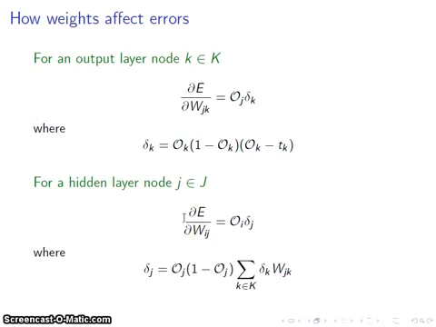If the node that we're looking at is in a hidden layer, any hidden layer, what it's going to be is the output of the previous node times delta j, where delta j is going to be, again, this expression, which is really just the derivative of the transfer function, times the sum of all of the delta k's, where k is the next layer, times their weights that connect them to the node we're concerned with. Okay, add all those up, multiply it by the derivative here, that gives us our delta sub j, multiply that by the input that we're concerned with, and that gives us this quantity that represents how the weight that we're concerned with that connects node i and node j affects the error.